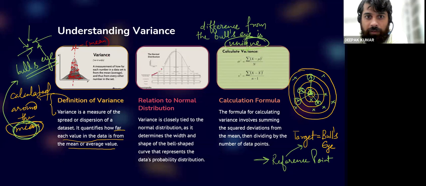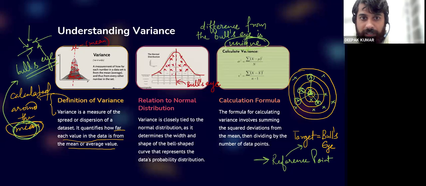So if this is the data, how the data is distributed, and this is the mean, I'll call this line a bullseye. These hits, which means the distance from the bullseye, is the distribution of the data from the bullseye, and hence we are able to get the variance. How come? We took a difference.